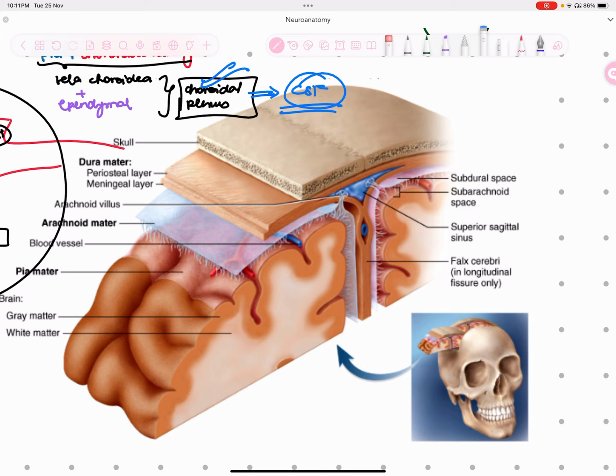Above the arachnoid mater, you have the dura mater. Dura mater has a periosteal layer and a meningeal layer, and they separate here. That is the superior sagittal sinus, or you can also call it the dural venous sinus. The space between the pia mater and arachnoid is subarachnoid, but the space between the arachnoid and dura is subdural. So subdural and subarachnoid space. Okay, I hope that's clear.